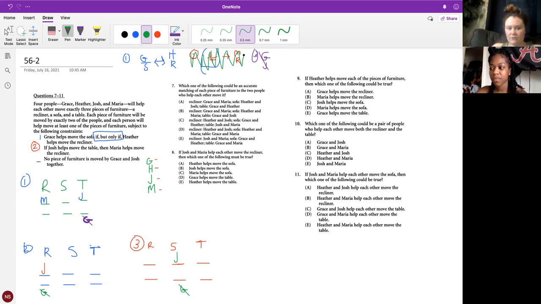Like it happened in number 1, so we don't even have to pay attention to it. In world 2, G cannot be with J. We have that taken care of too. And then on the first world, since on the last world G can't be in S, that means H won't be in R. Excellent.